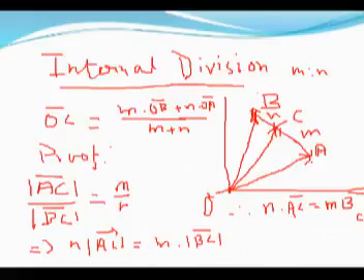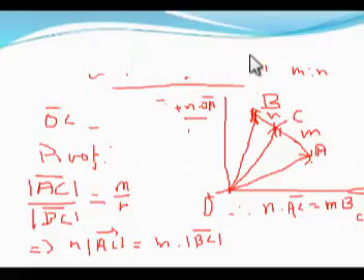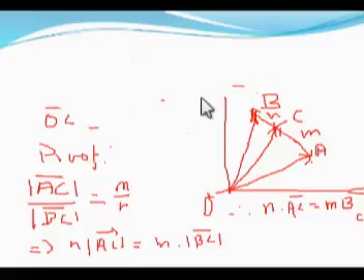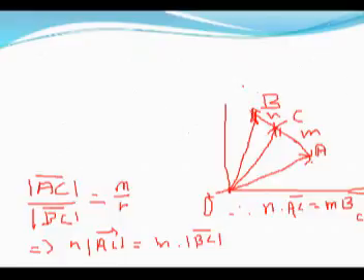Now I am erasing this. From this line, we can write n into AC vector.